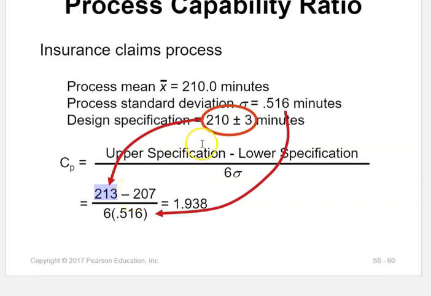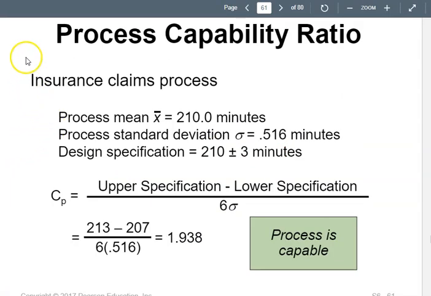And 210 minus 3, that's 207. Subtract the upper and lower specifications. Divide by 6 times sigma. Sigma is 0.516. The answer is 1.938. Okay, so I hope you got the numbers right.